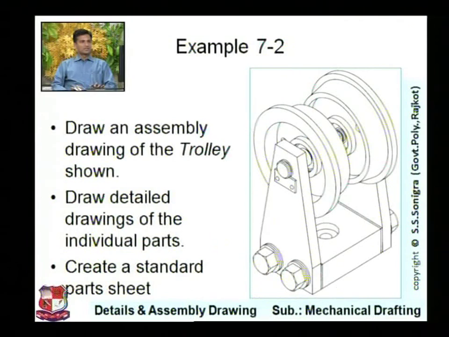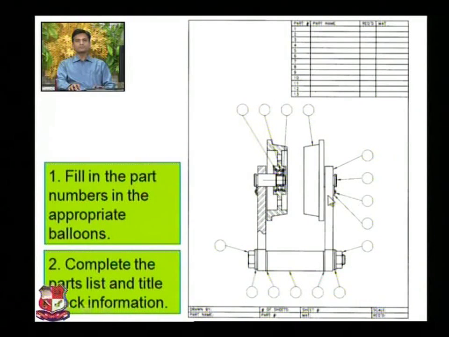Next, you can see here. I hope you will be able to draw these 3 views of these 2 pulleys, hexagonal bolts. This is a base, 2 supports, bearings, shaft, and these rings. Fill in the part numbers in the appropriate balloons. Now one more exercise.